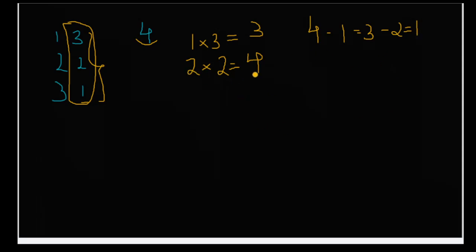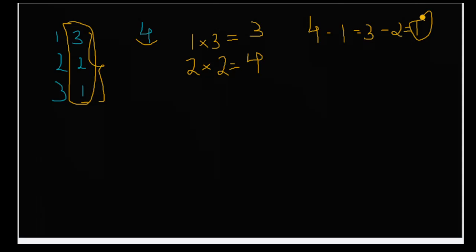So 2 into 2 is 4, right? Now we check, is the capacity 0? No, it's still not 0. Again we check for the last one, which has 3 boxes. So 3 into 1 is 3, but to be precise, what we need to check is if we add all 3, then we have just one remaining here.